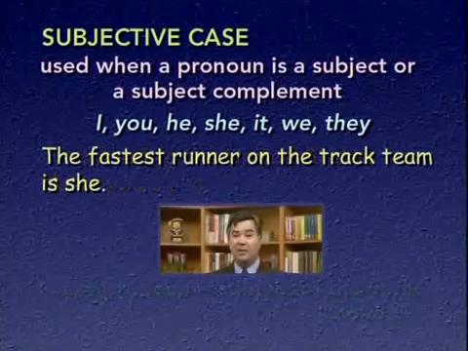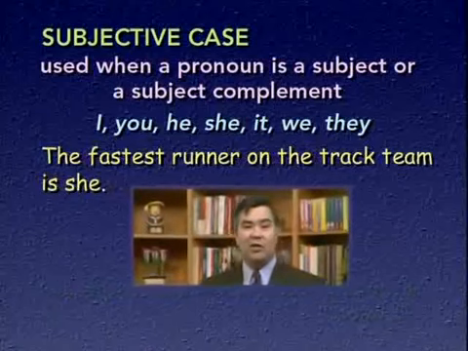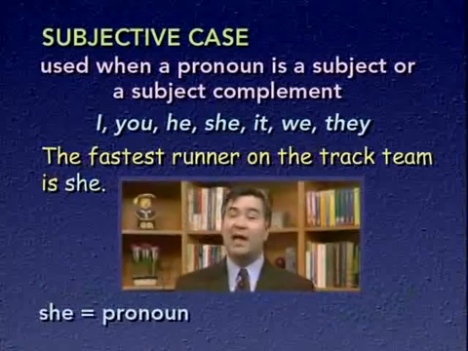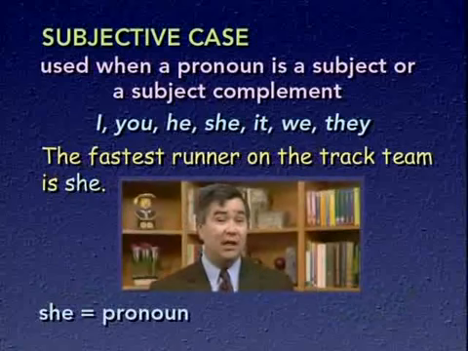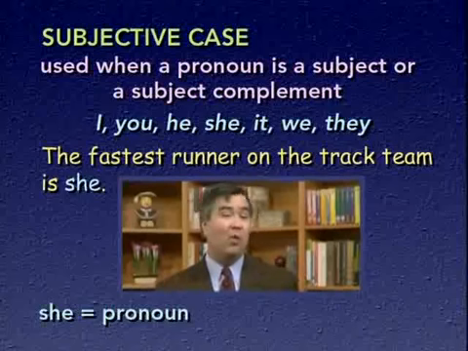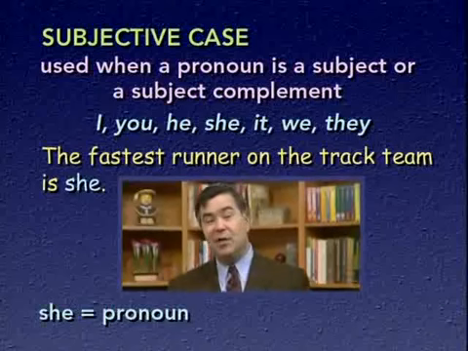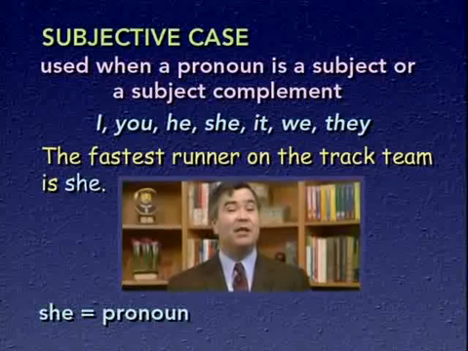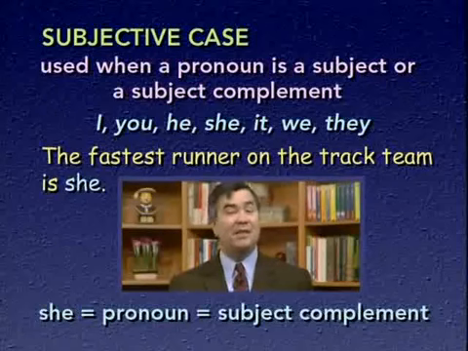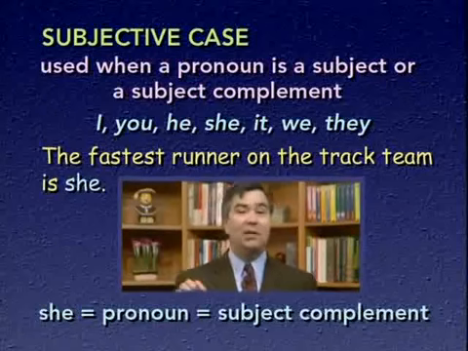Here's another example. The fastest runner on the track team is she. Now here the pronoun is the last word in the sentence, she. Again, it's a personal pronoun in the subjective case. Why? In this case, the pronoun she is acting as a subject complement. The sentence contains a verb which expresses not action, but a state of being, namely the verb is.